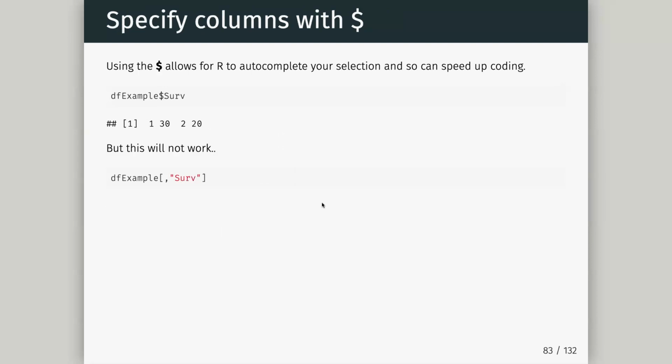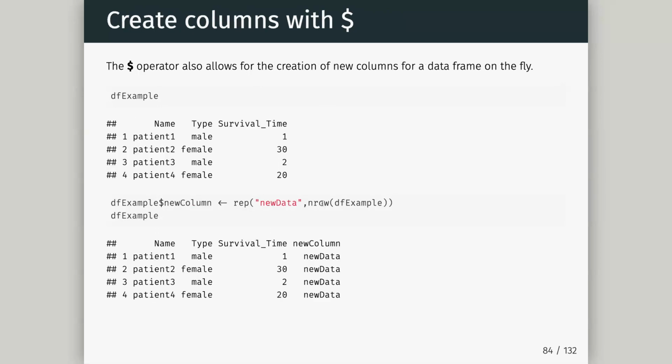But R is clever enough that it's going to go, okay, you want the survival column, and it's going to pull out the values. That doesn't work with standard matrices. It only works with data frames. If you try to do a semi-complete value using the column names elsewhere, it's just not going to work.